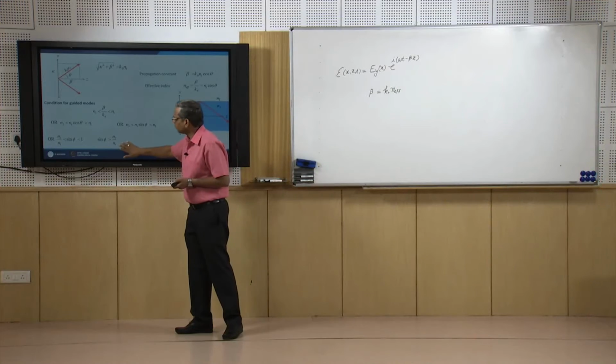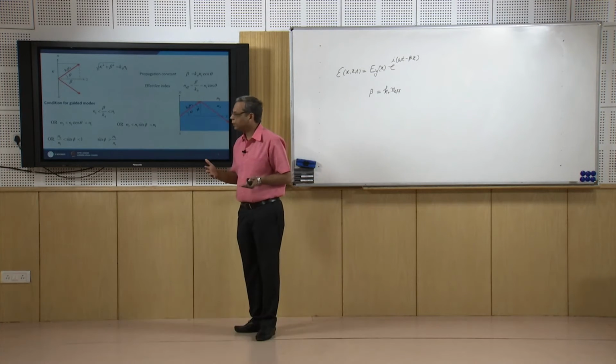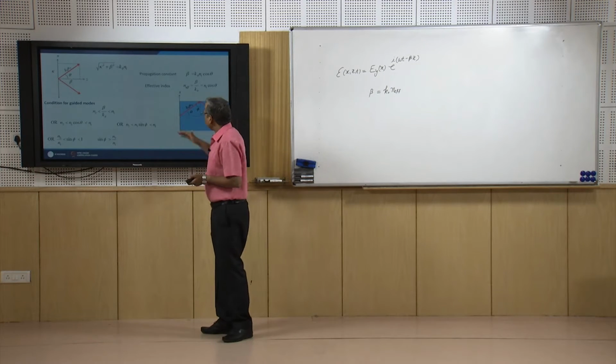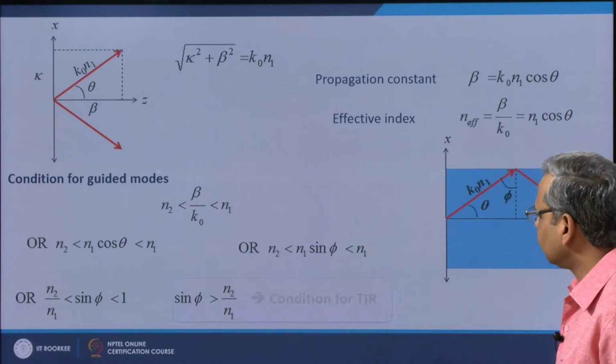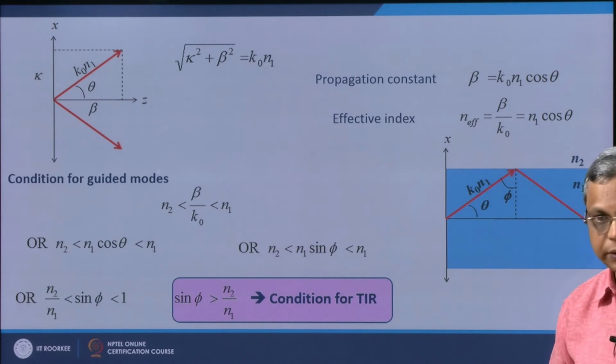This is nothing but the condition for total internal reflection. So, I automatically get that the cutoff condition translates to the condition for total internal reflection.